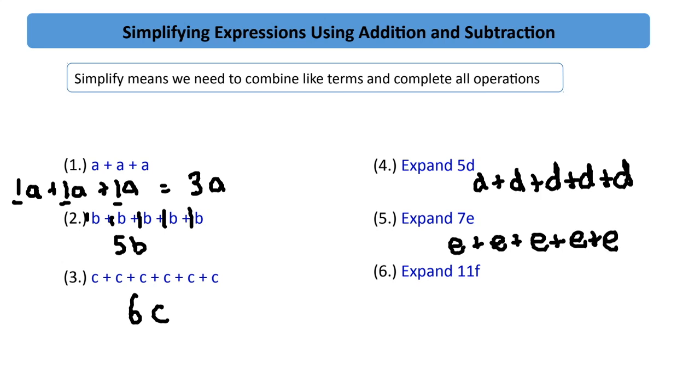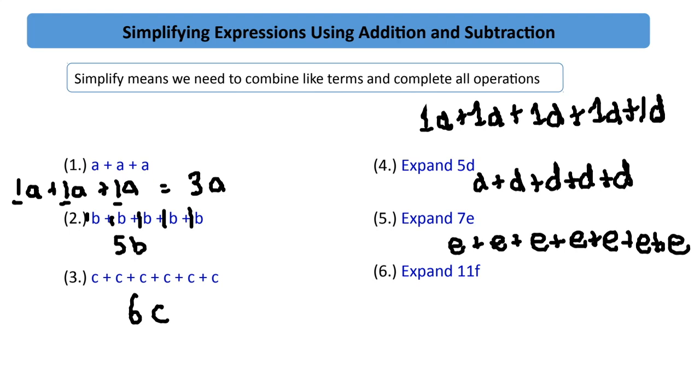So often this is the question I get asked: is it wrong if I write a 1 in front? Absolutely not. You could have written this 1D plus 1D plus 1D plus 1D plus 1D. 1, 2, 3, 4, 5. Sometimes I will write the 1 and sometimes I won't, but you could have written it with the 1 in front.